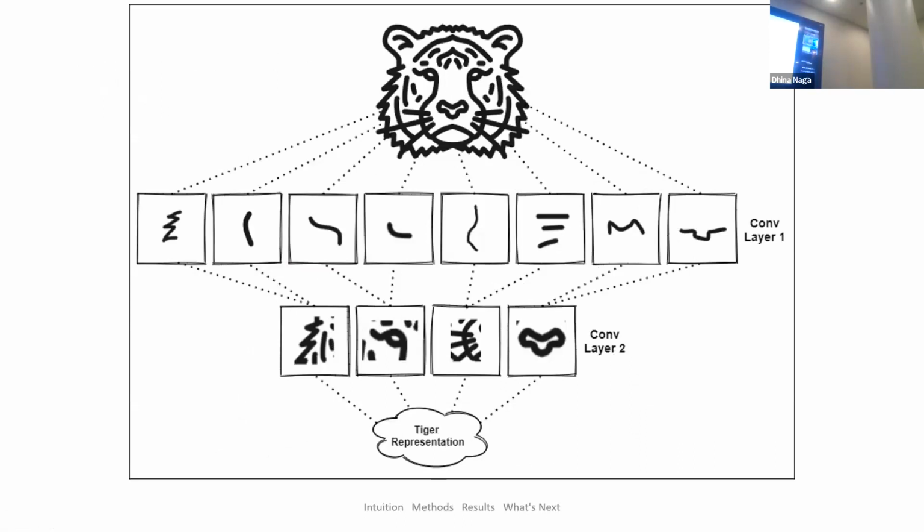And the concept to explain how this actually works can be quite easily done with this tiger example: in the first layers of a neural network, a model actually learns things like edge detection and shape detection and more basic things which are relevant regardless of what you are looking at.